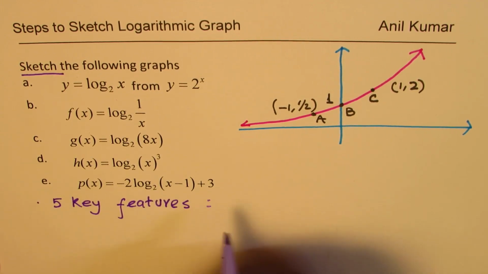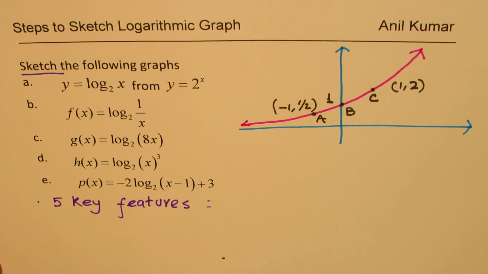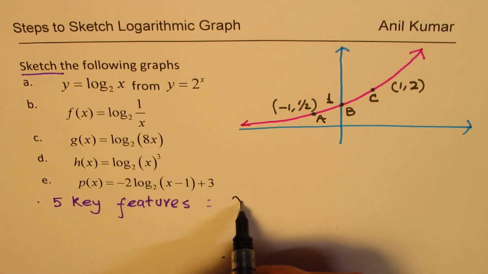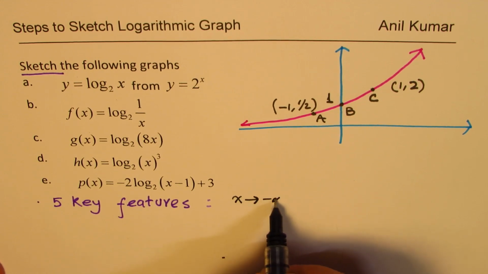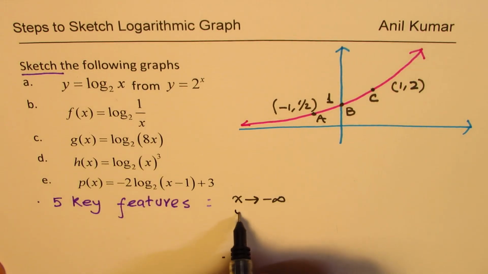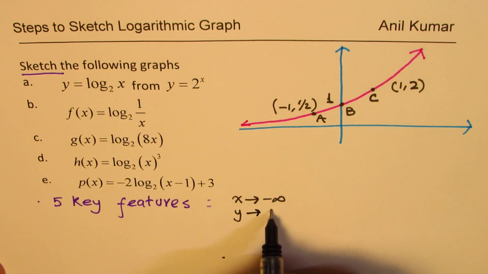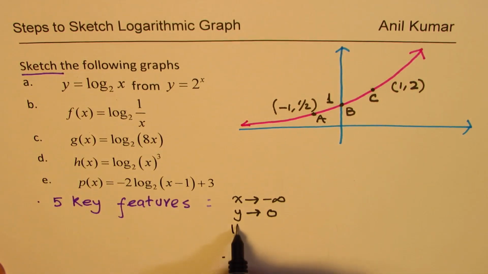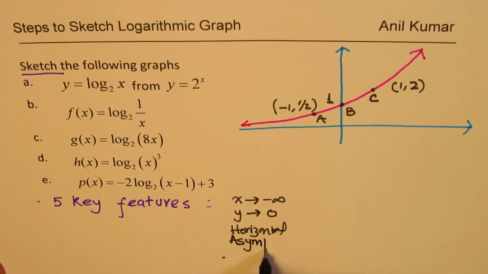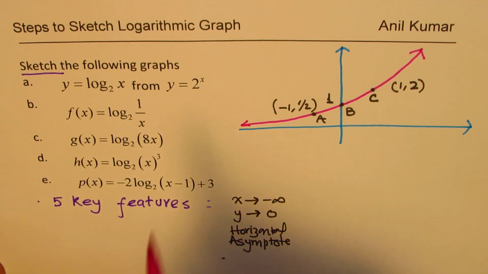Okay. So the 5 key features here are, number 1, when x approaches negative infinity, this end, y approaches 0, right? So that is a horizontal asymptote. What is the horizontal asymptote here?